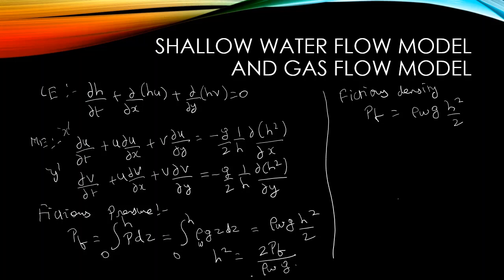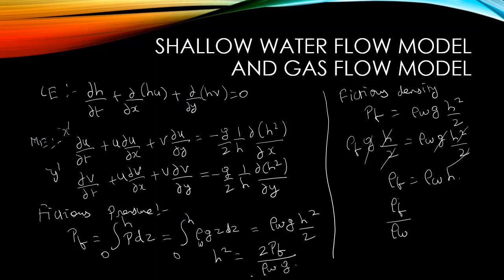Here the fixed pressure is nothing but fixed density times g times the depth. Your depth is h by 2, equal to rho w g h square by 2. So h by 2 gets cancelled and g is also cancelled, so that rho f is equal to rho w h, that is rho f by rho w is equal to h.